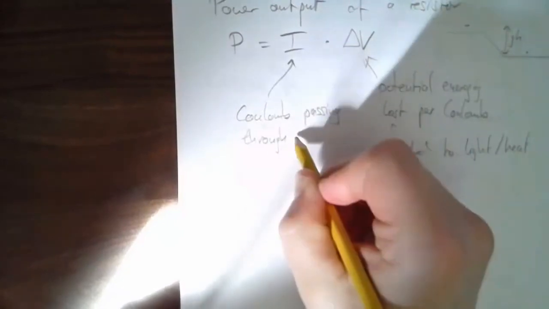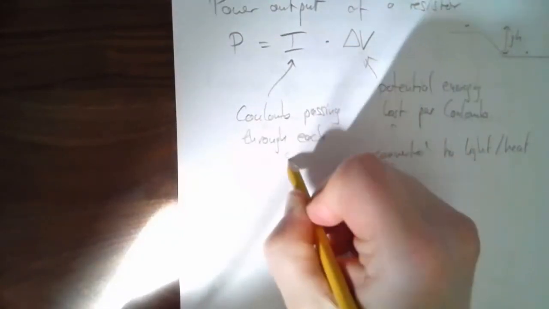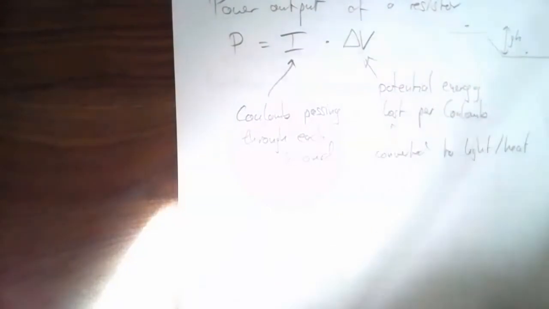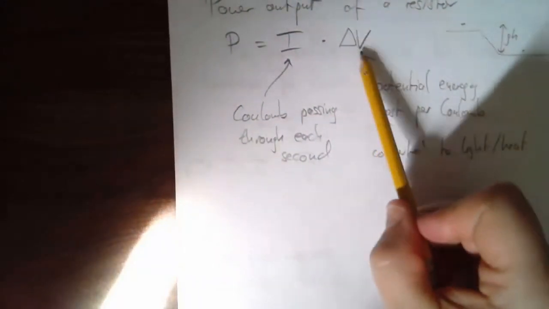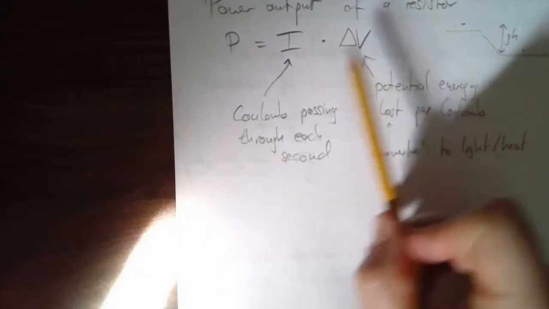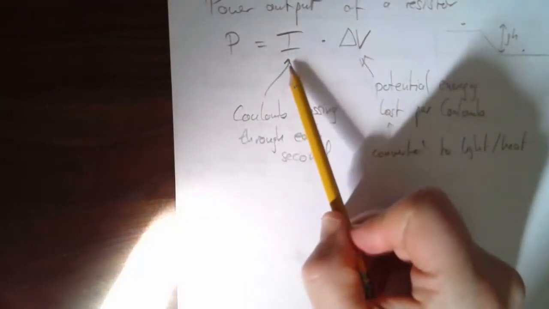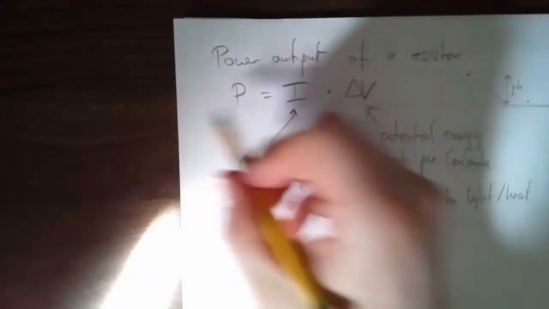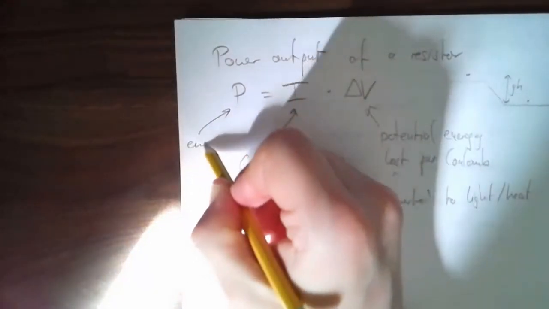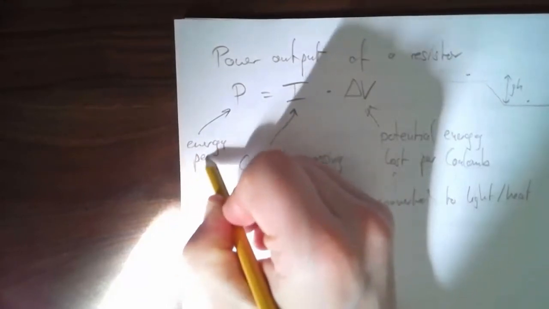That's what current means. So, how much energy is put out per coulomb? How many coulombs I get per second? It gives me the energy per second. So that's what I mean by power: energy per second.